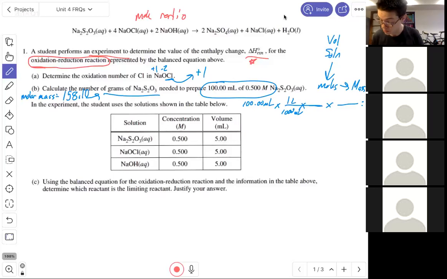Now this is where you use the molarity in that spot. So we have 0.5 over 1 liter. And then in the very last spot is molar mass, numerator or denominator? Numerator.